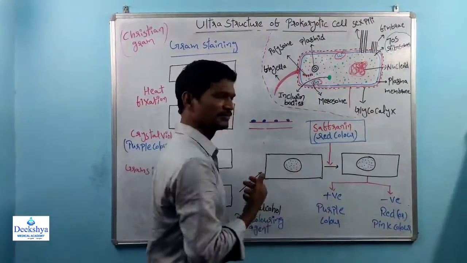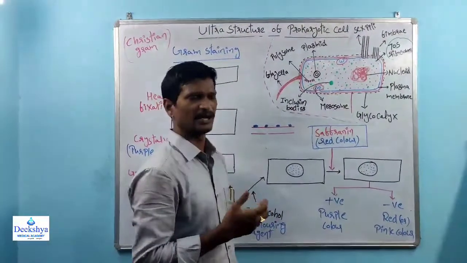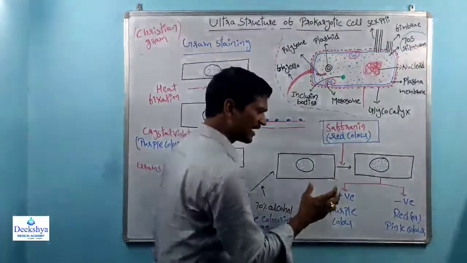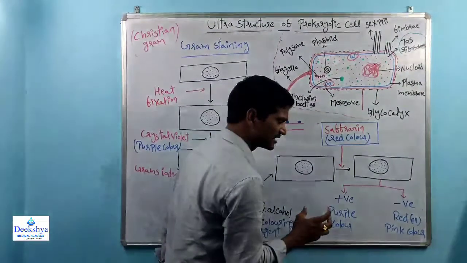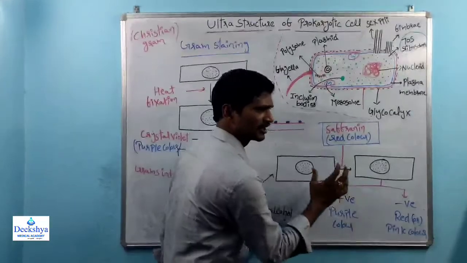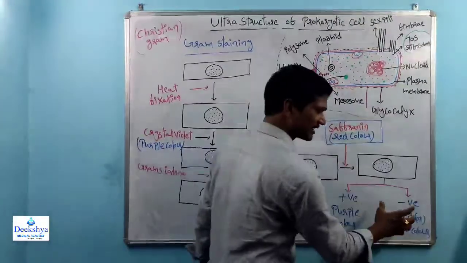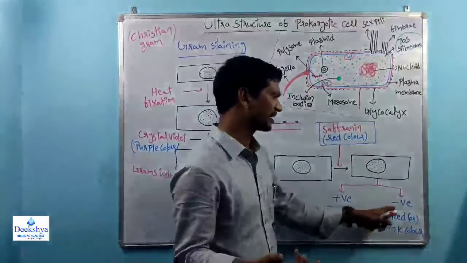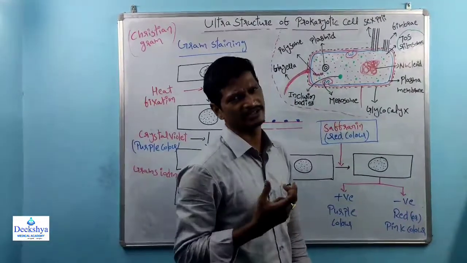some cells may exhibit one type of color, and a group of cells exhibit another type of color. If the bacteria cells exhibit purple color, that group of bacteria are called gram-positive bacteria. If the bacteria cells exhibit red or pink color, these bacteria are called gram-negative bacteria.